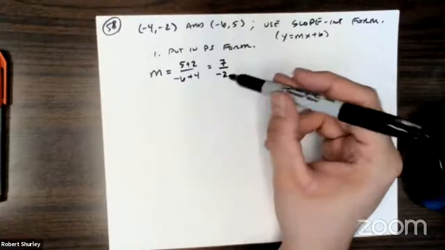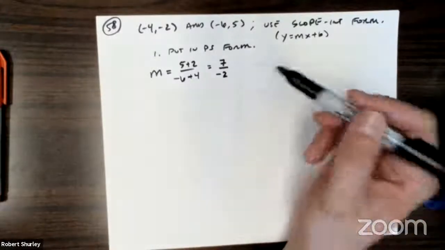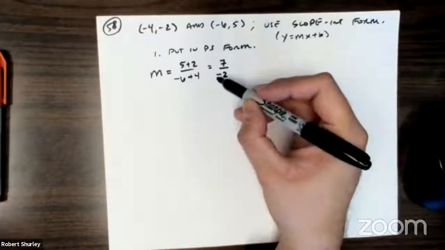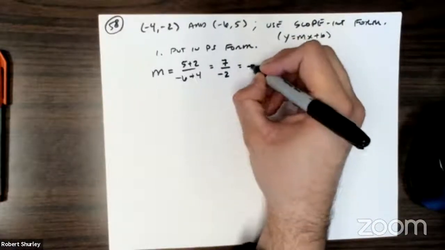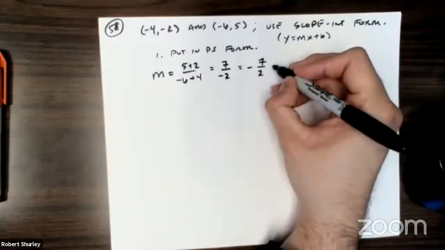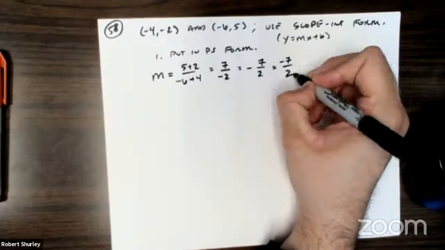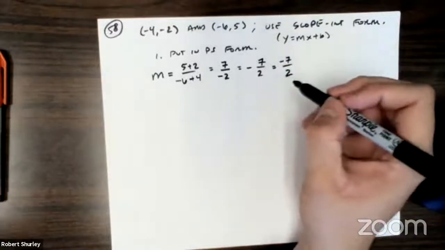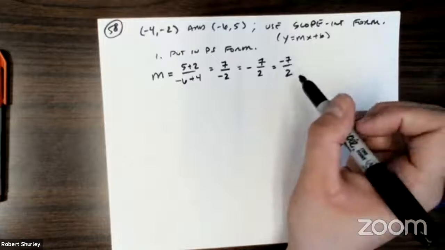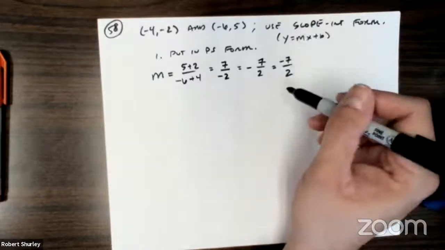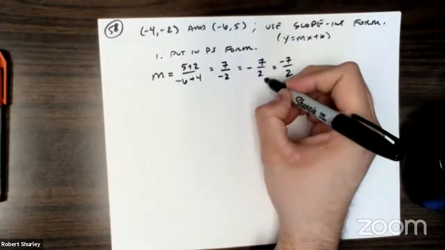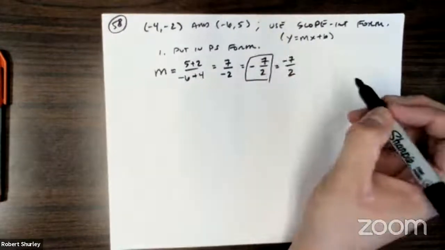With a single negative value, you can write it in 3 different places on a fraction: in the denominator, out front, which is what I'm about to do, or in the top. They're all equal to each other. When I'm graphing, I like to put the negative on top because of the rise and the run, as I talked about yesterday. But if I'm just doing algebra, I'll stick it out front. So we're going to use this one as our slope.